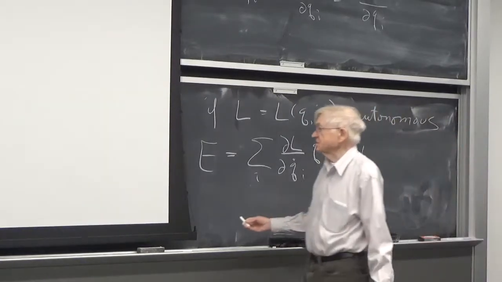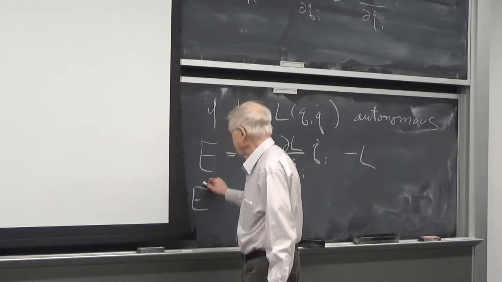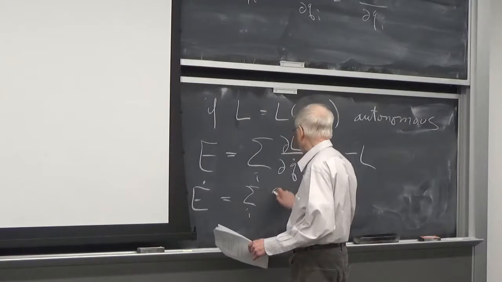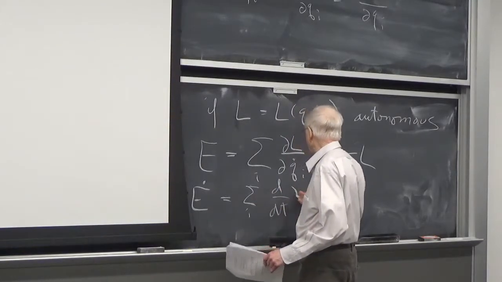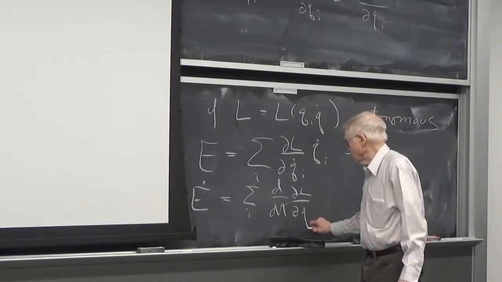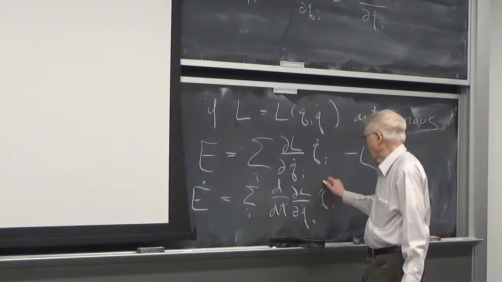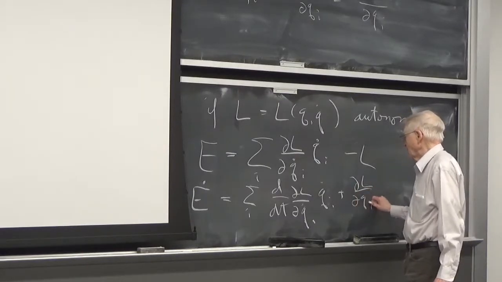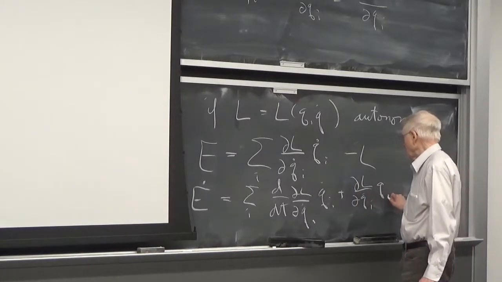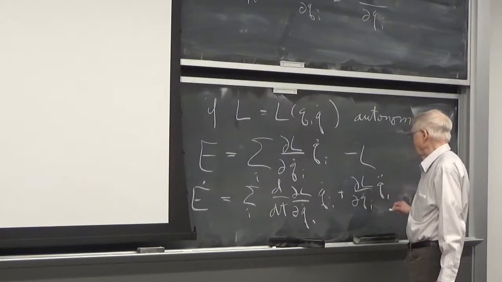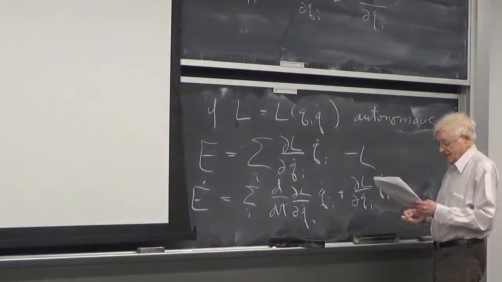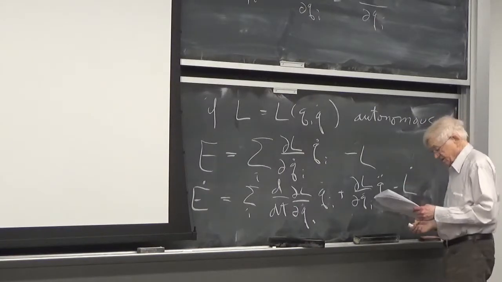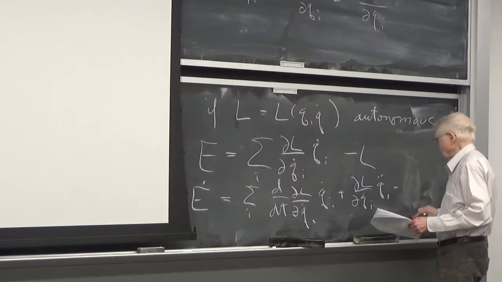And the reason this is conserved is that then E dot is a sum on i of d/dt of partial L partial qi dot times qi dot plus partial L partial qi dot qi double dot minus L dot. That is to say, the total time derivative of L.